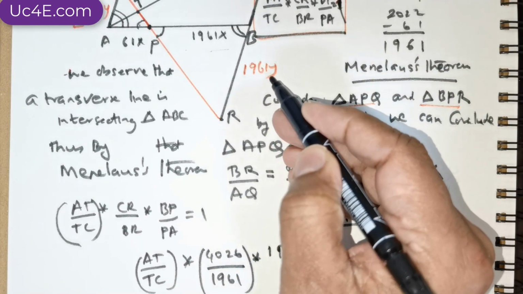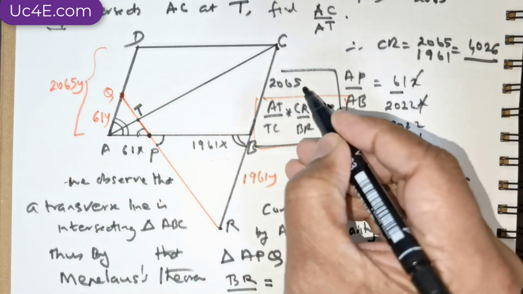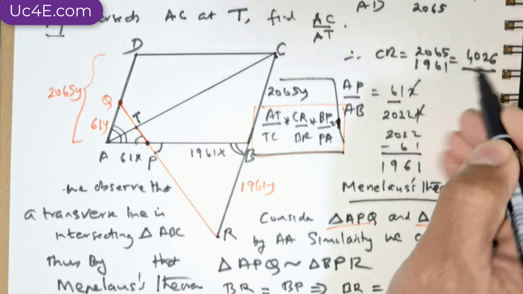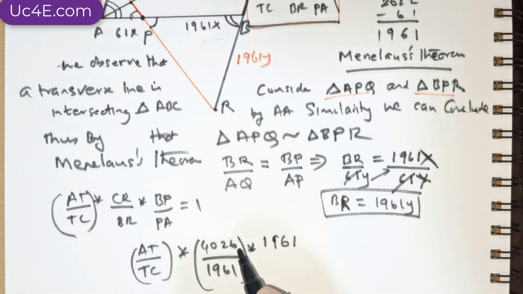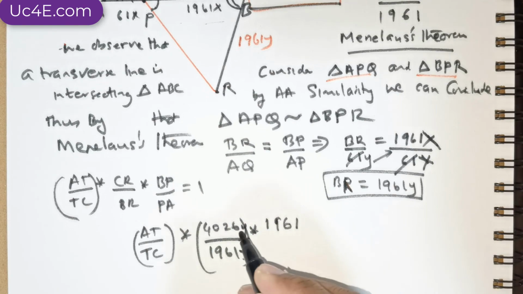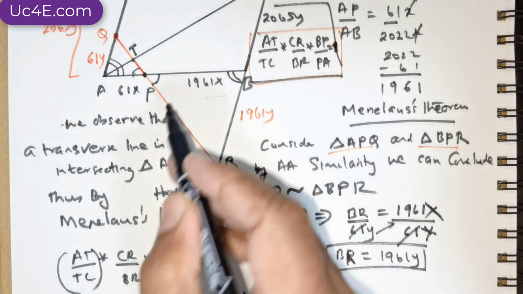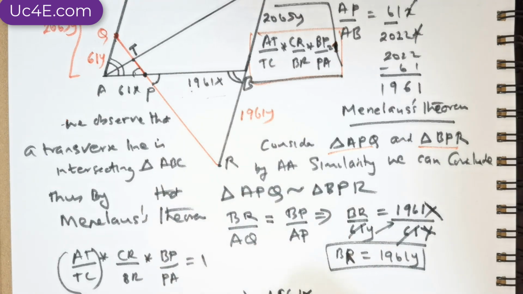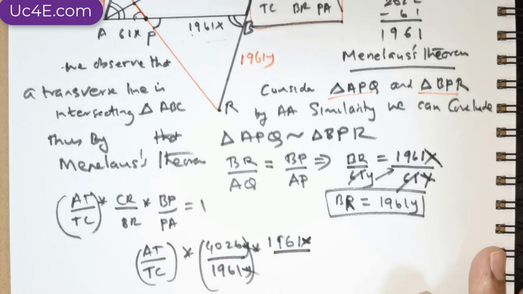This is y, and this is also y. So we can place a y there. So this is going to be 4026y, and since we have a y and a y, both the y's will be cancelled. Similarly BP is 1961x, I'm just placing the x there, divided by PA.